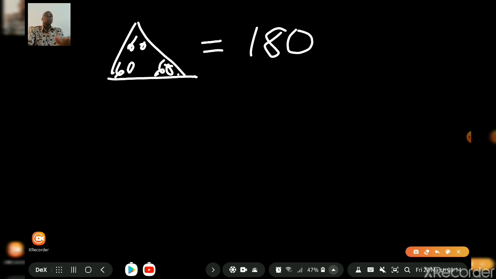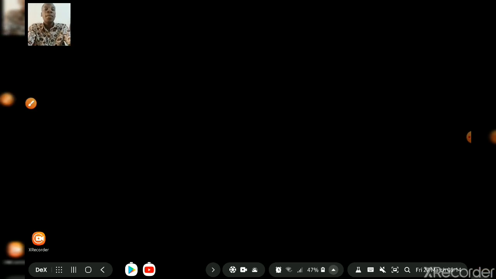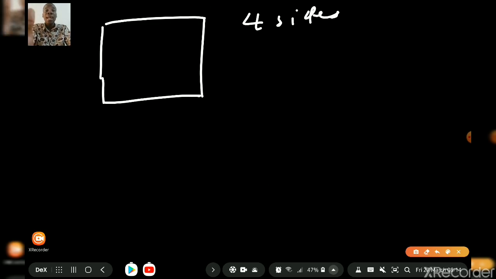Now we are going to use the sum of interior angles of a triangle to determine the sum of interior angles of any polygon we are given. Let's say you are given a square. A square has 4 sides. I want you to take note of the sides and the number of triangles we can create from the plane figure.